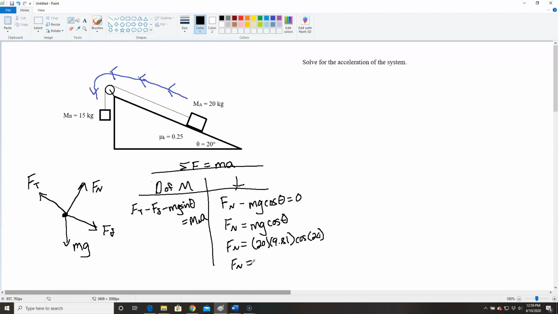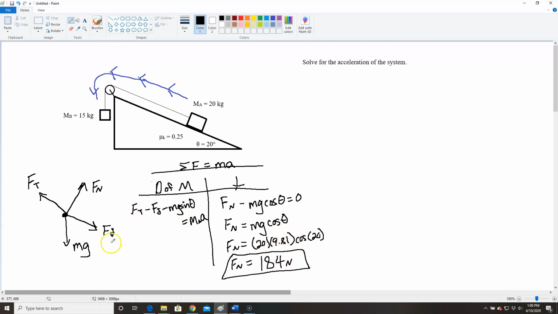We will need that later because friction depends on the normal force. Punching in the calculator, 20 times 9.81 times the cosine of 20 degrees, I get 184. So that is our normal force.